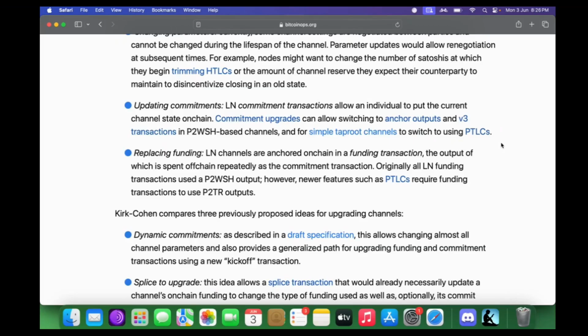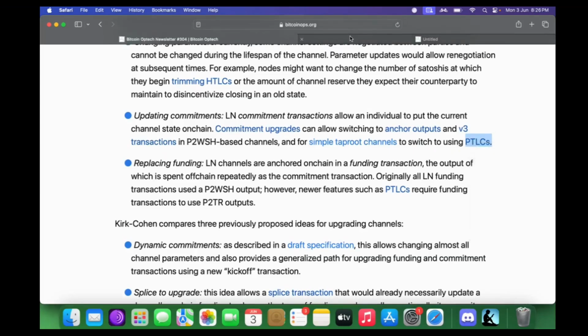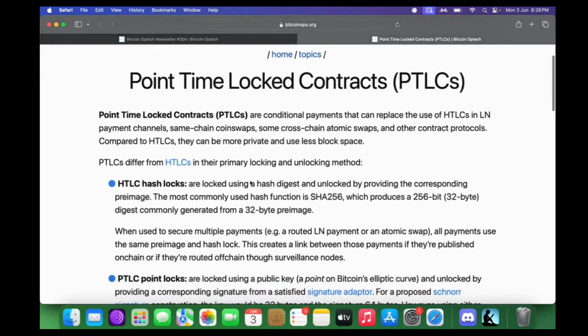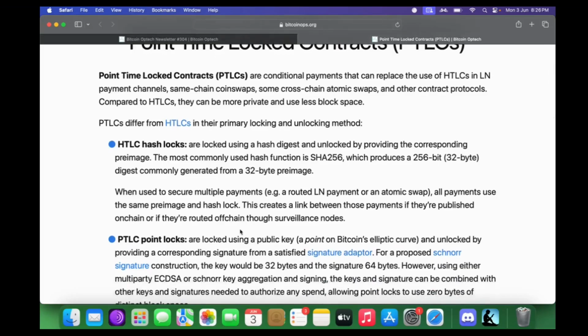But we also have another mechanism which is PTLCs. I believe, let me verify it once, these have to do with the points on the elliptic curve. Yes, and we talked about this recently as well, when we were talking about Utreexo and curve trees, I think it was a couple of weeks ago.